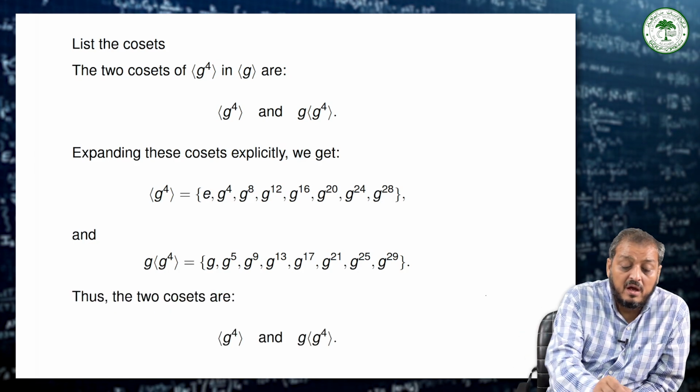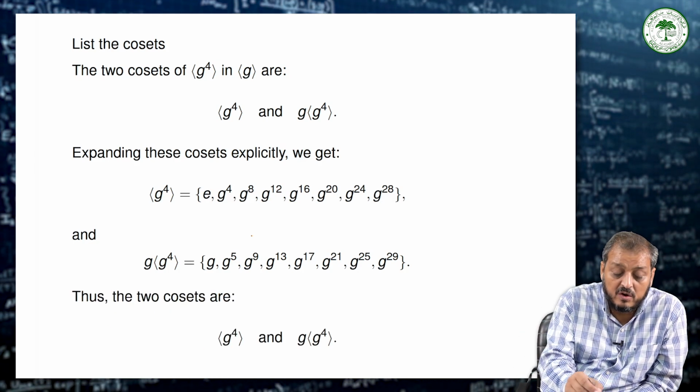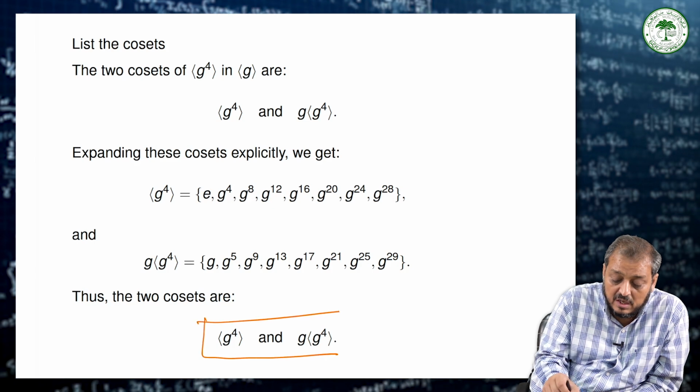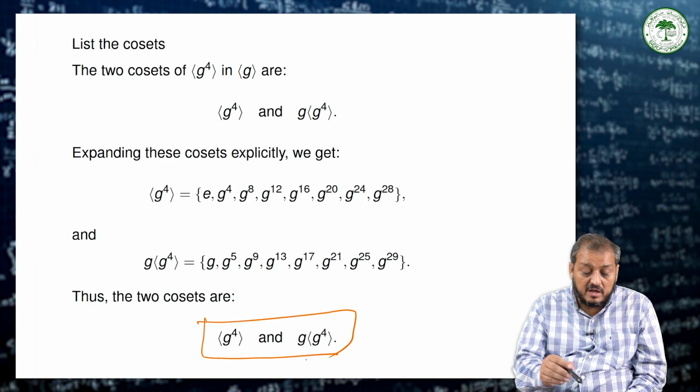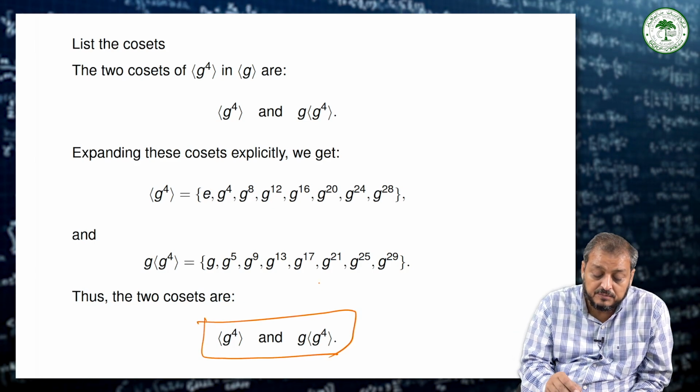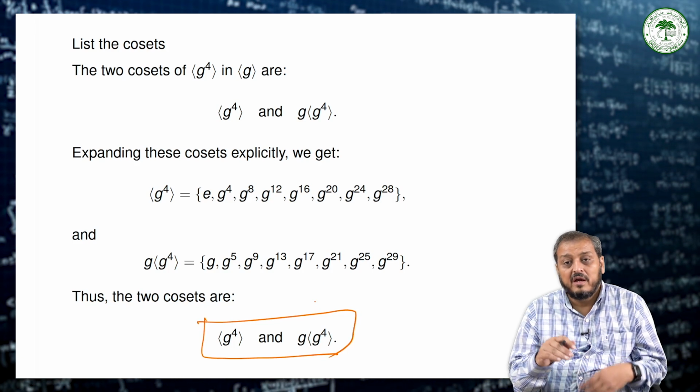So we can simply say that there are only 2 distinct cosets, g to the power 4 and g times it, by the index.